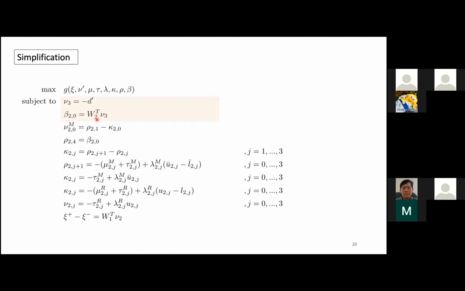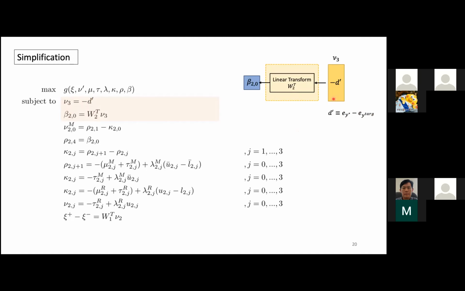We can see the first constraint tells us that nu3 is equal to minus d prime, and minus d prime is a vector. Then if we get nu3, we pass it into the linear function to get the beta. d prime is a vector that is the ground truth minus the target label, and recall that these two vectors are one-half vectors.